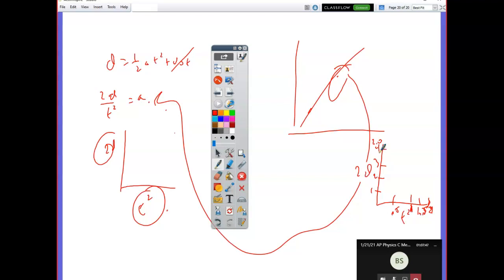Okay. So then you're going to graph a line, right? So get a ruler and go boop, boop, boop, boop, boop.